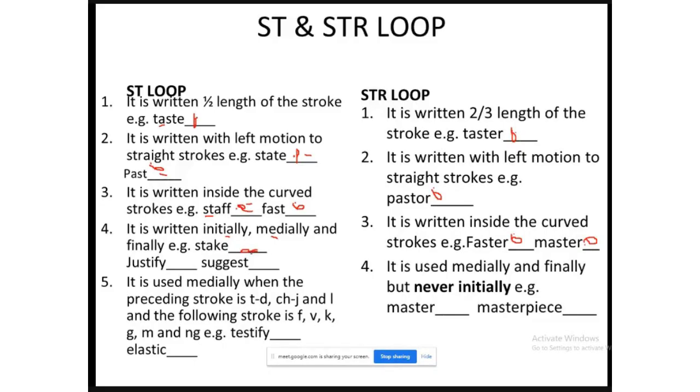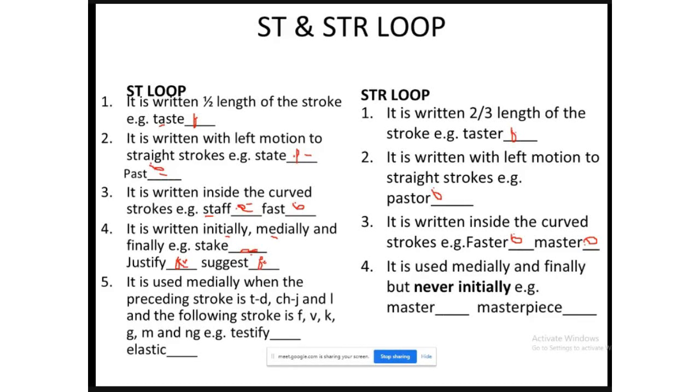Keep it on the line. Stake. Justify: J, ST loop, and it will be 5. Suggest: it will be at the end. S circle, J, and ST loop. Suggest.